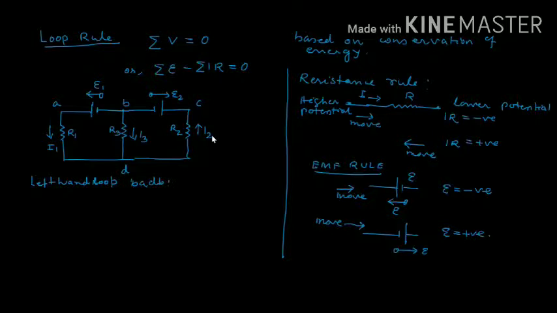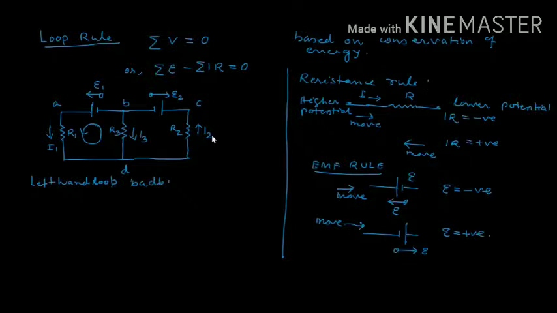Now we move in the anti-clockwise direction. So we mentally walk along BADB. While going from the point B towards the EMF, we move in the direction of the EMF arrow, that is from negative terminal to positive terminal.